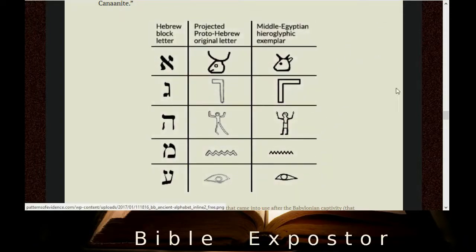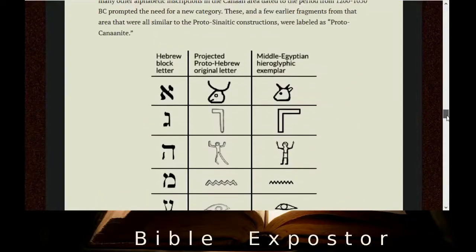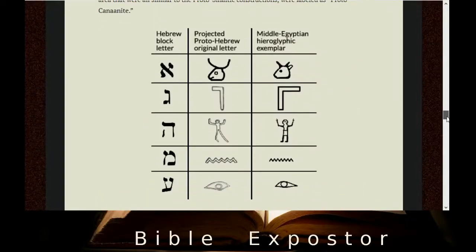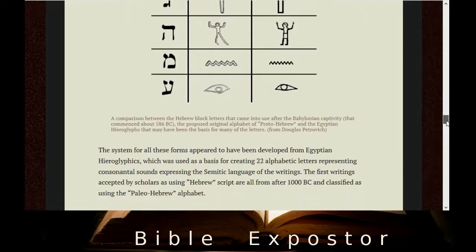These were pictograms of certain animals or people or water, whatever it was, that developed into characters in an alphabet. So you can kind of follow a progression from right to left there on some of these characters, but that doesn't mean the original language was called Hebrew. It's just speculation on their part.